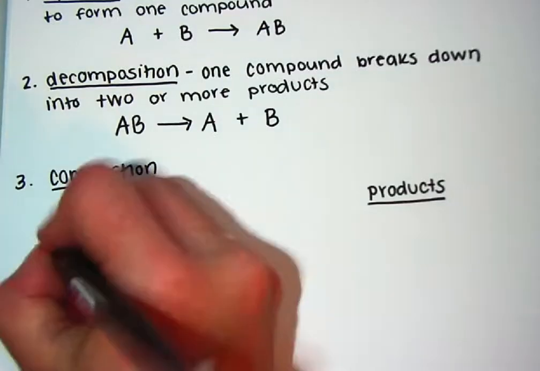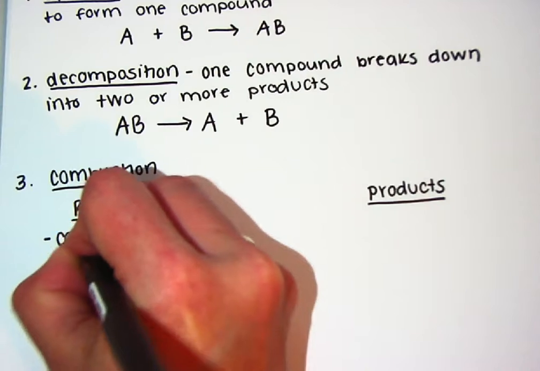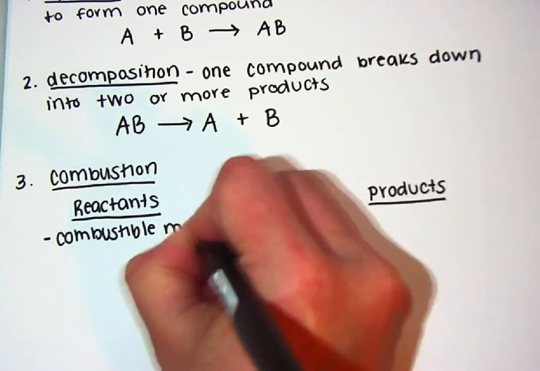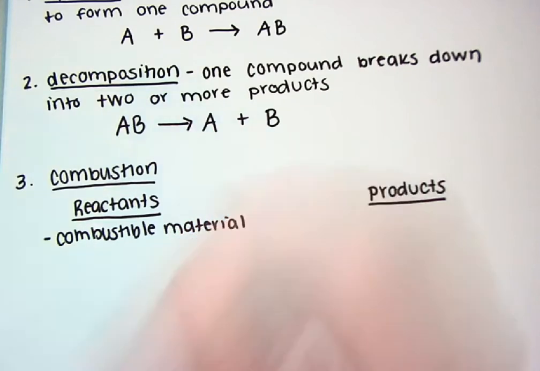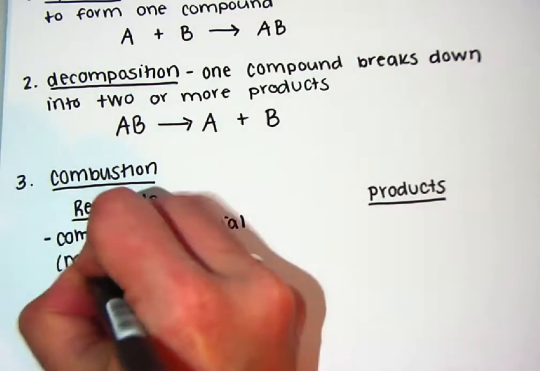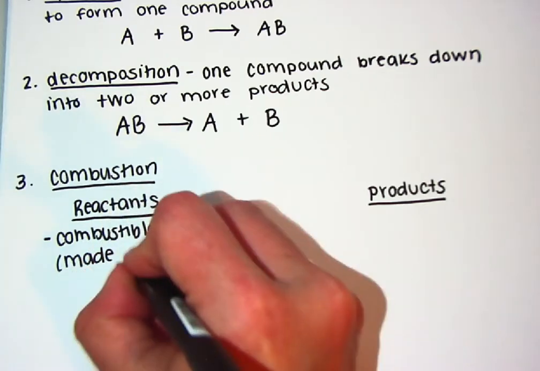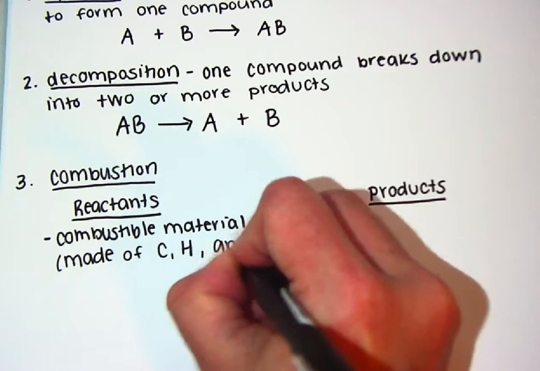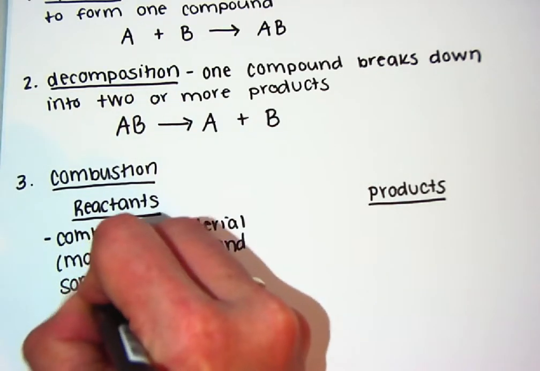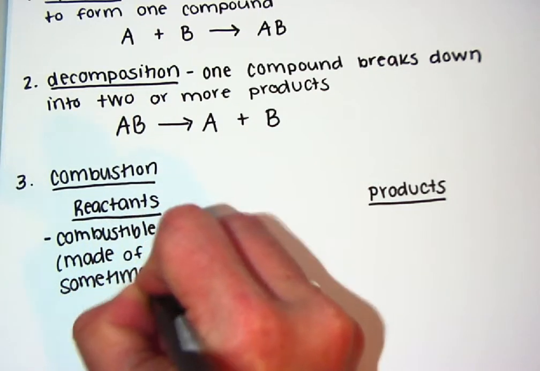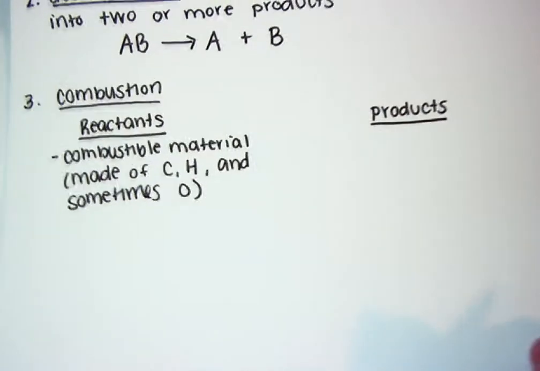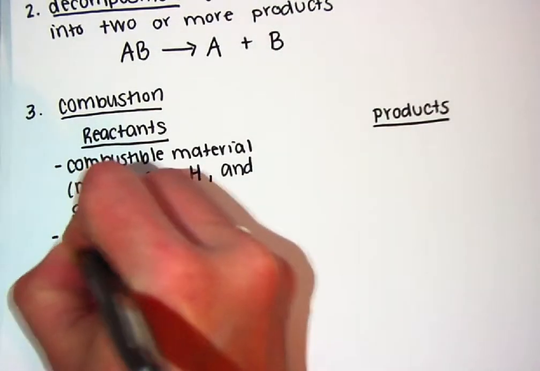So, in order to have a combustion reaction, we need some type of combustible material. It is going to be made of carbon, hydrogen, and sometimes, but not always, oxygen. For our combustion reaction, we also need oxygen.